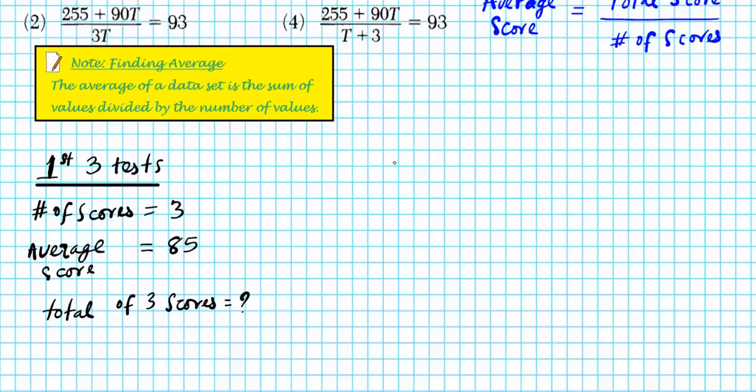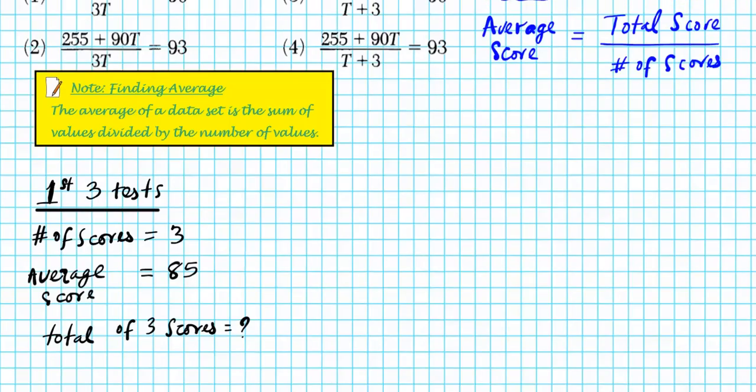Let's call up the formula that we wrote over here that's going to assist us in the computation process. So the average score is equal to the total of the 3 scores divided by the number of scores.